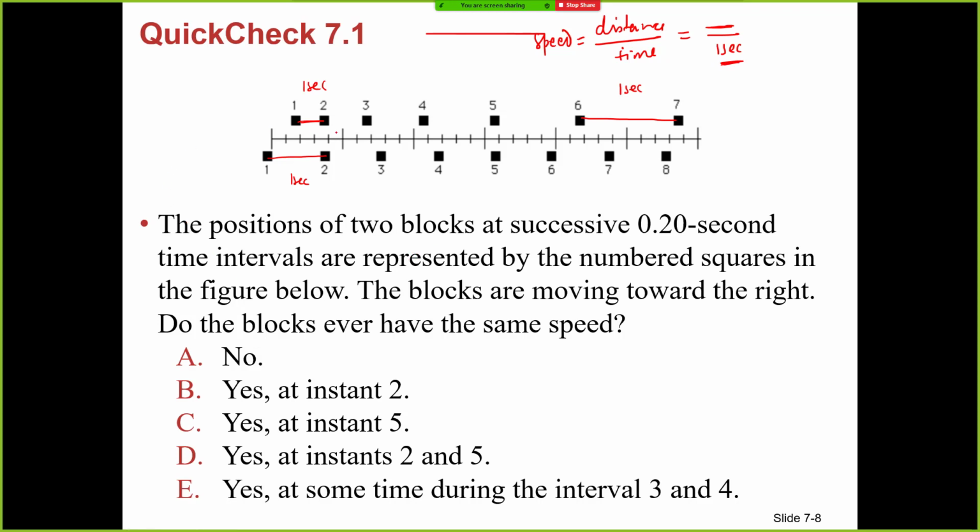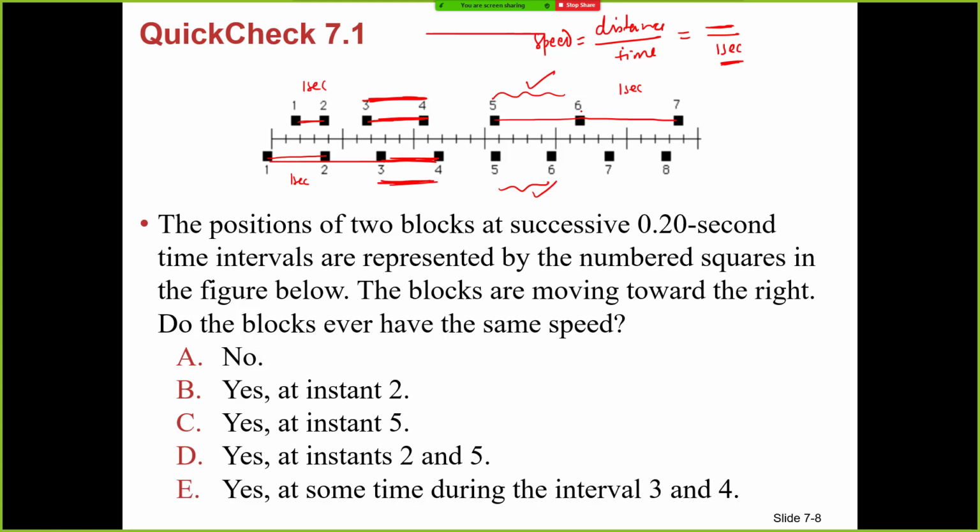between 3 and 4 seconds, during this interval they travel the same amount of distance. That's why the speed is the same. If you look at other intervals like 5 and 6, this one has greater speed than that one because it travels more distance.